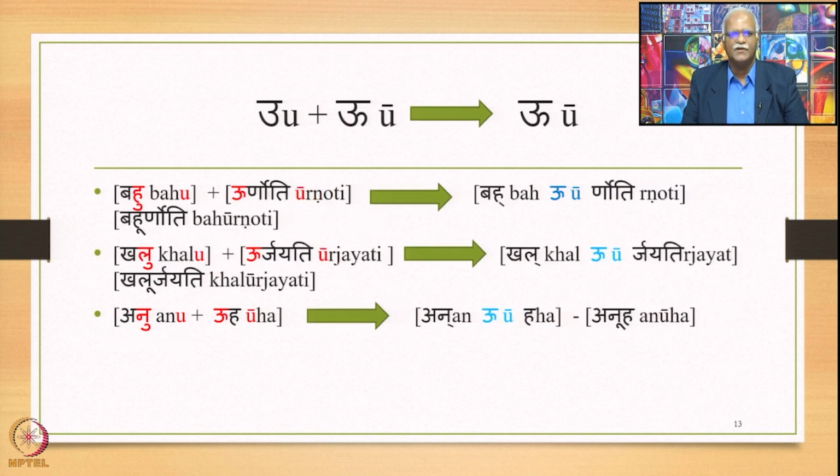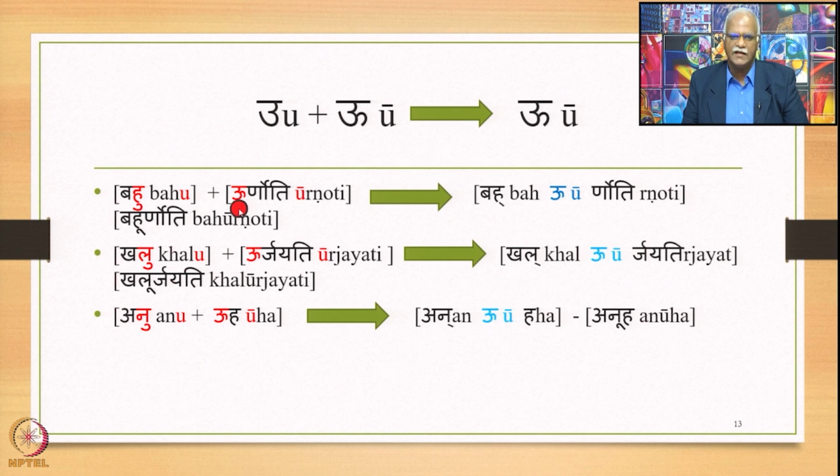Let us proceed further. Now we have short u plus long u as input and the resultant form is long u, the dirgha. So we have first two padas, bahu plus urnoti. Bahu has u at the end and urnoti has the long u at the beginning.